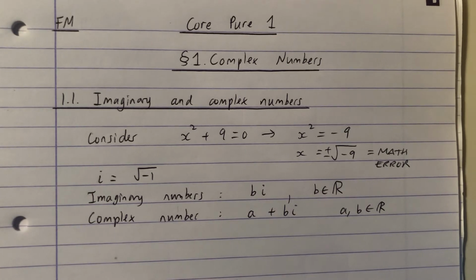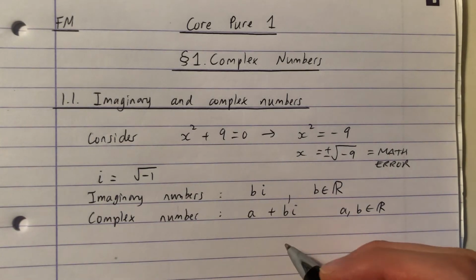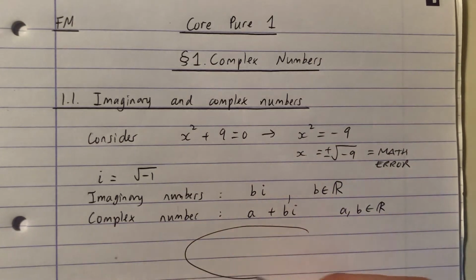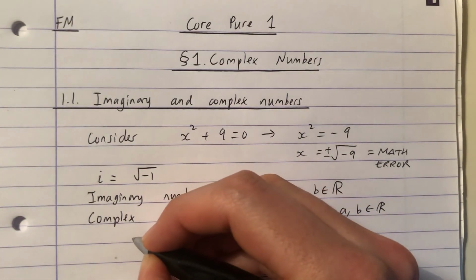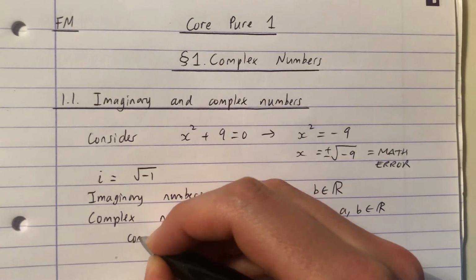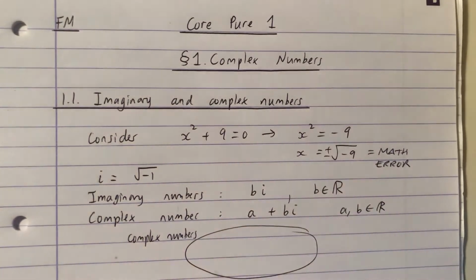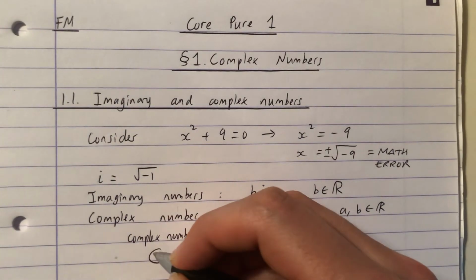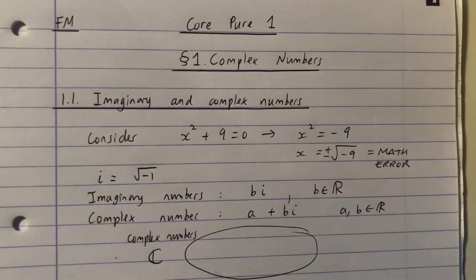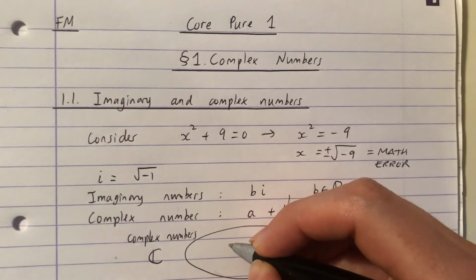And visually, if I represent the complex numbers as a set with that circle, the letter they use for complex numbers is a bold C. Inside that set, there would be the real numbers. They're a subset.